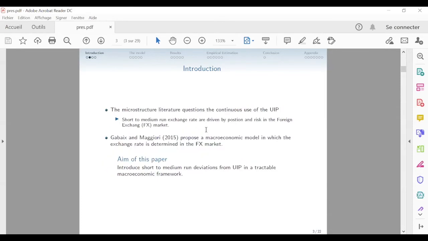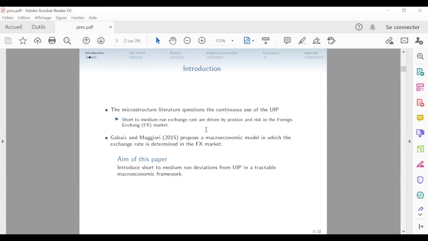When you talk about UIP and international finance, an important trend of the literature is the microstructure, in the sense that it began to question the continuous use of the UIP in the beginning of the 2000s, and this literature shows that short to medium run exchange rates are driven by position and risk in the foreign exchange market.